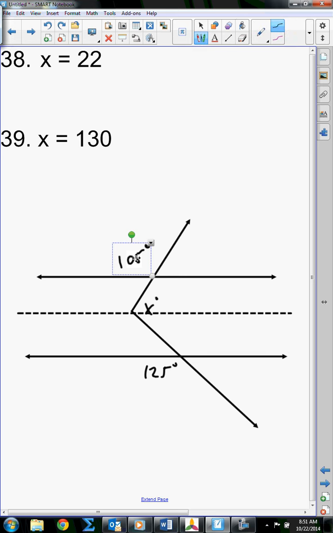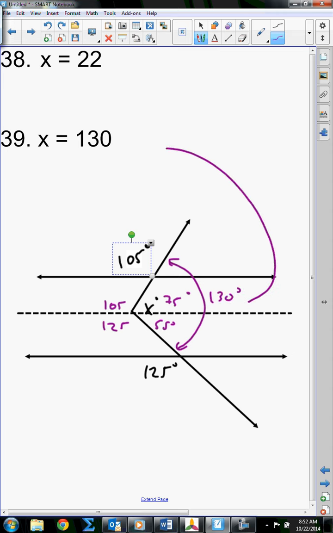Start again. If this angle is 105, then this angle is 105 because they correspond, and linear pair makes that 75 degrees. And if this angle is 125, then this angle is 125, and that makes this 55 degrees. And if I add 55 and 75, I get 130, which is what we said it was.